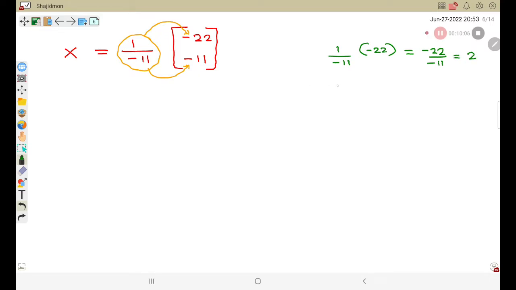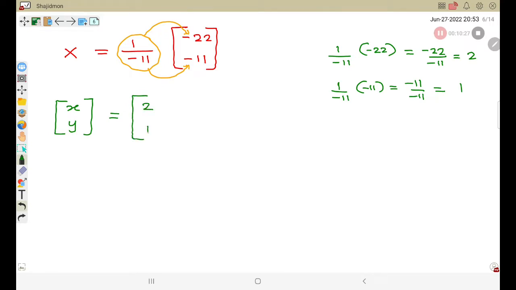Now the second number, 1 over -11 multiplied by -11, that is -11 divided by -11, equal to 1. So capital X means small x and y equals 2 and 1.